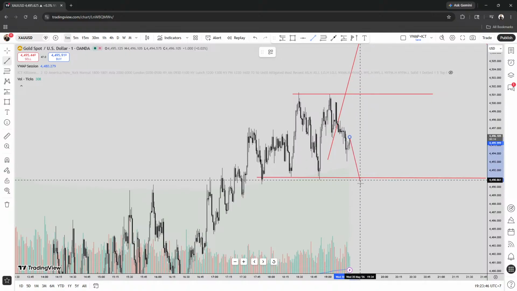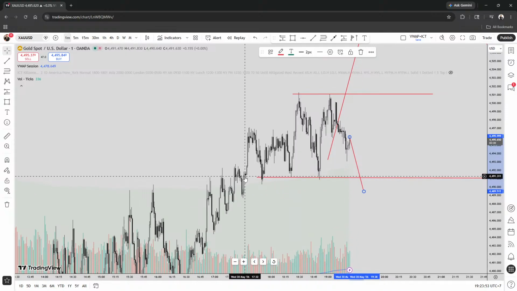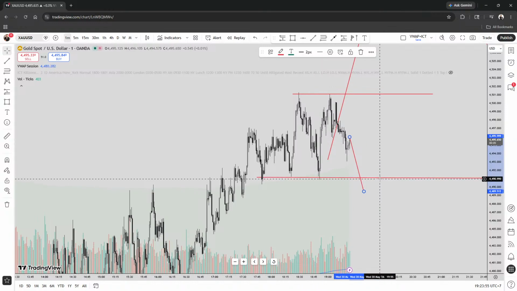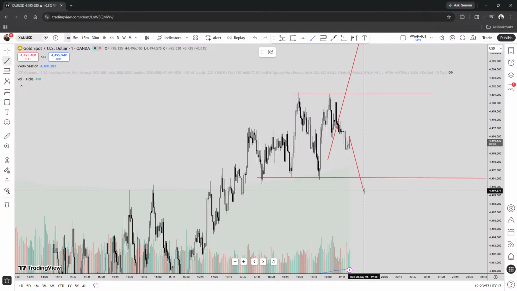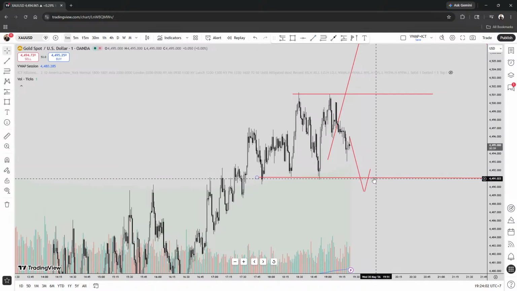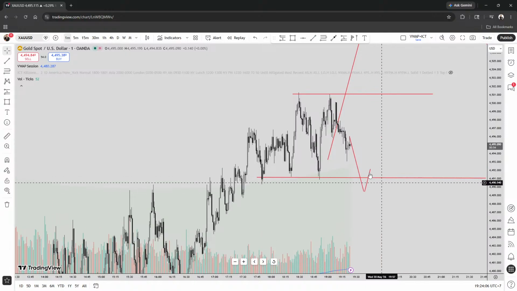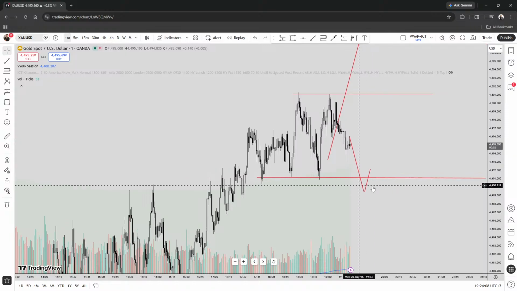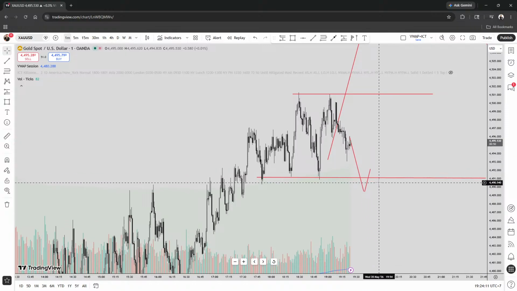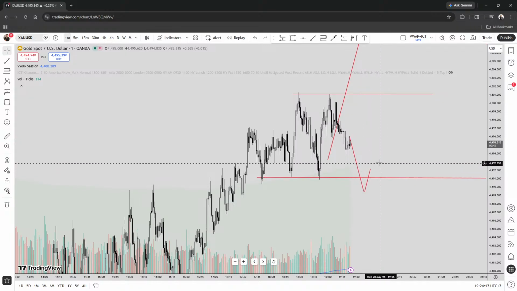The scenario is the price will move down to here to sweep the liquidity over this level. And when it happens, we see if the market bounces back, and of course we have to see if there is any candlestick pattern at this support level. If there is a candlestick pattern here, we can enter to buy.